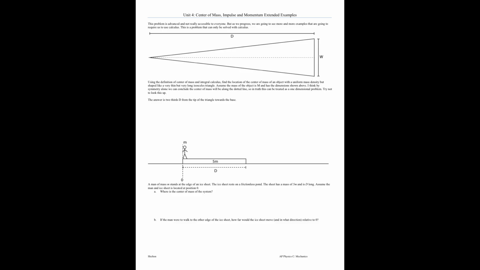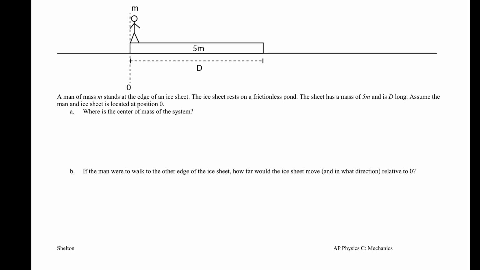There. Since this is the reference point, X, center of mass, will be the sum of each object with mass times its position, added up and divided by the total mass. It's a little messy, I'm sorry, but that's what we have to do for this, right? So M1 is the guy, but he's at 0.